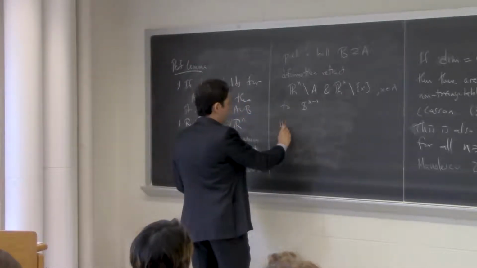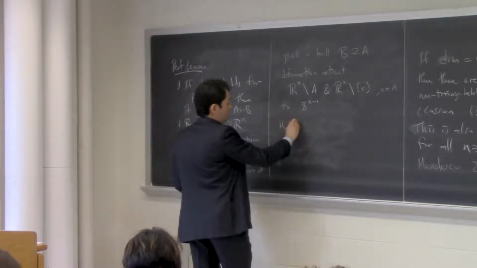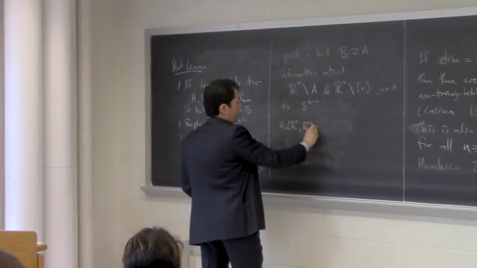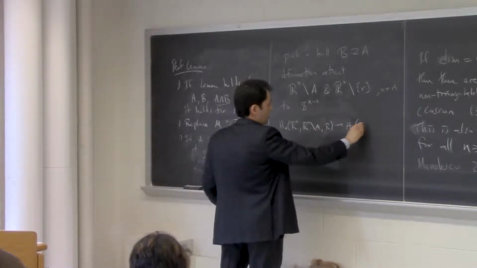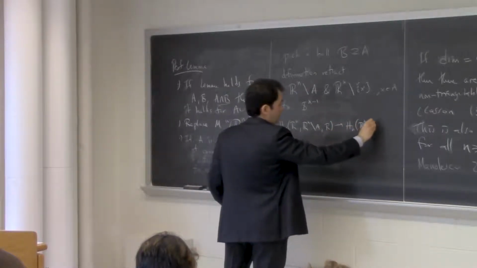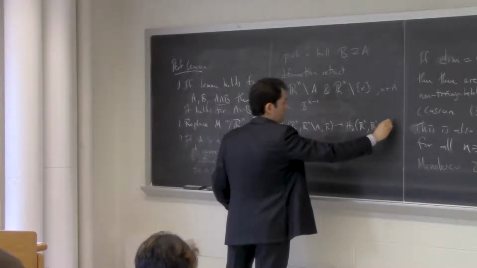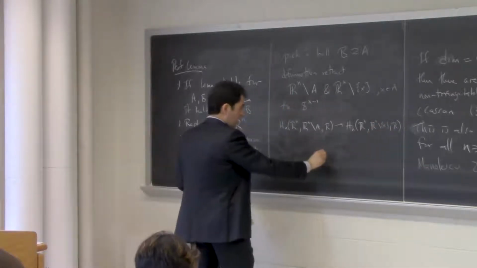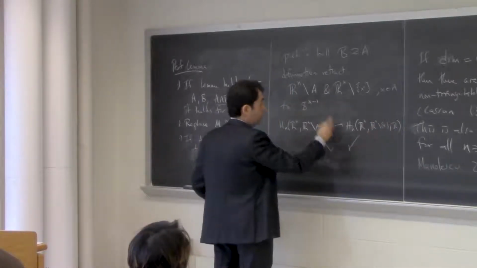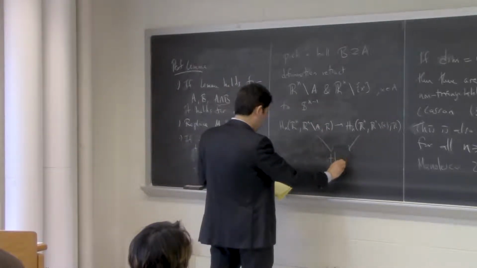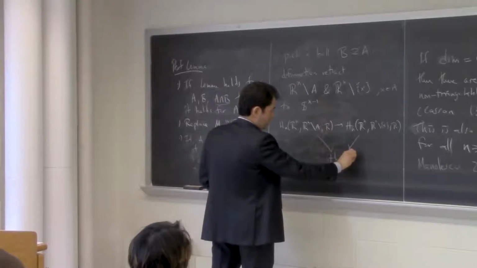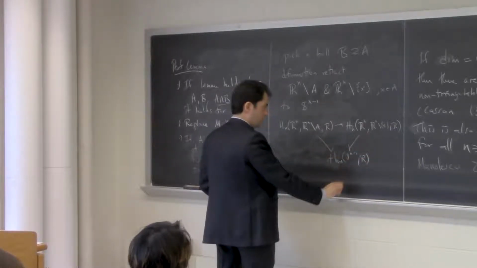And so then the map from R^n minus A to R^n minus x is an isomorphism, because both of these are compatibly isomorphic to H_(n-1) of S^(n-1) with coefficients in R.